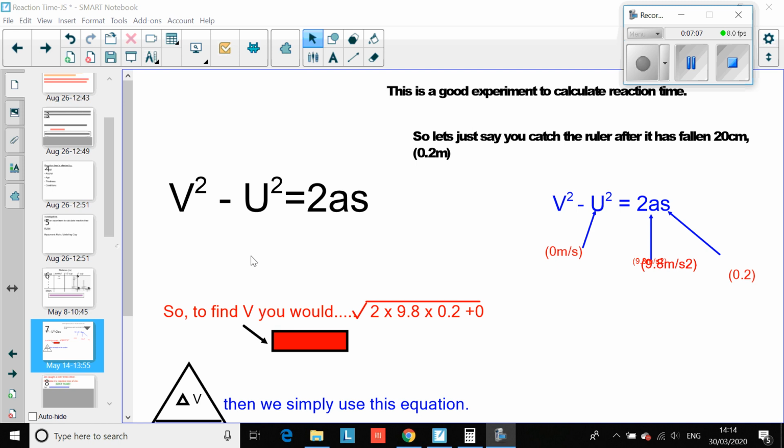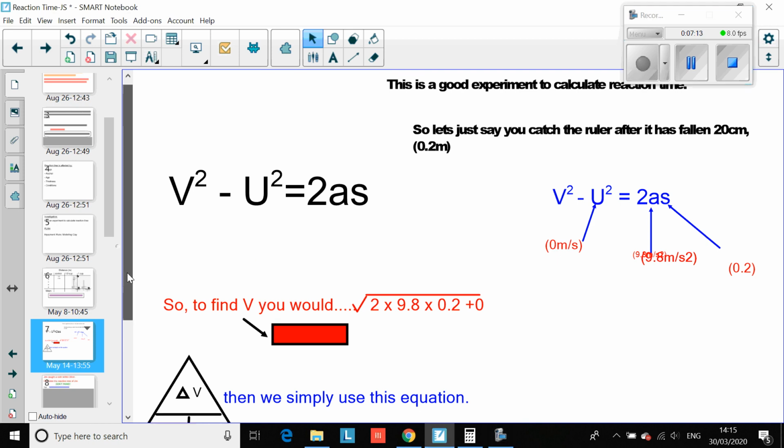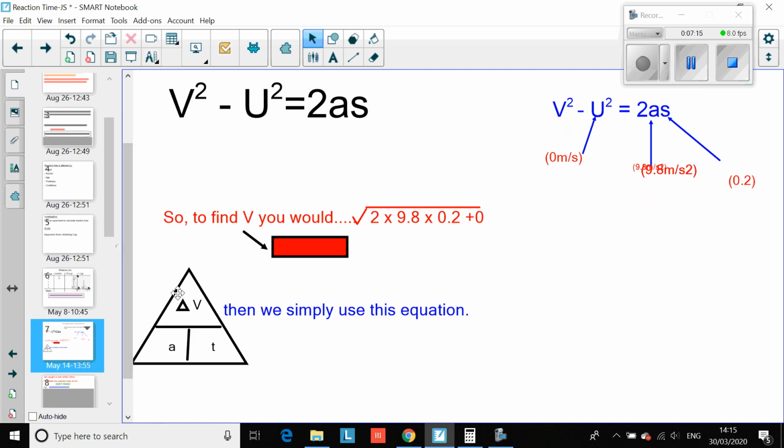However, what we do need to do is combine it with an equation which we do need to remember. The equation that we do need to remember is this one down here, which is change in velocity divided by time equals acceleration. Or if we rearrange it, change in velocity divided by acceleration equals time, or acceleration times time equals change in velocity.